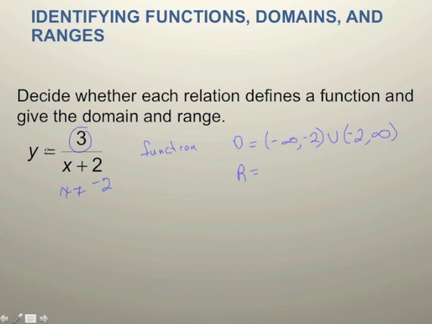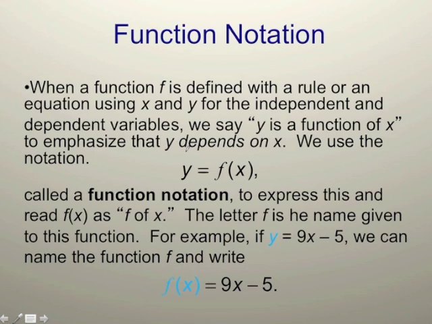There is no way that y can equal 0, because the only way a fraction equals 0 is if the numerator is 0, and it's not, it's a 3. So the range is from -infinity to 0 union 0 to infinity, and those have parentheses because 0 does not work.